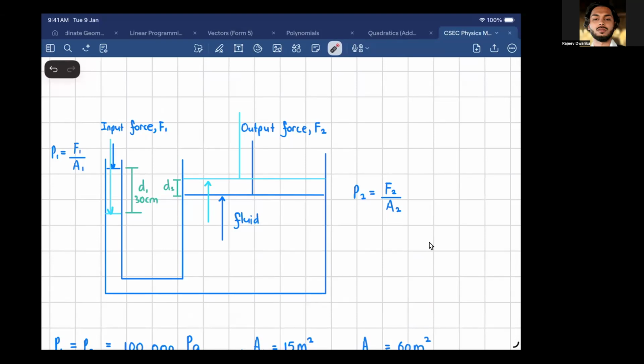Think of a garage. If you apply a small force, you get a much stronger force. Why would that be useful?